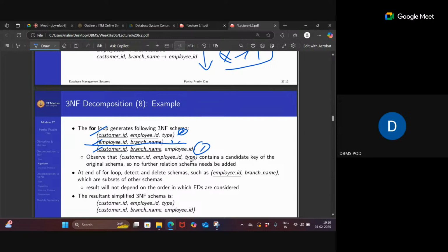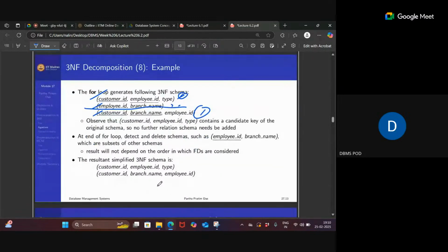Customer ID, employee ID, type contains the candidate key, so we have the candidate key in our decomposed schemas, and no further relation schema needs to be added for the candidate key of the original schema. At the end, we remove the subset table, and our result will be this one.